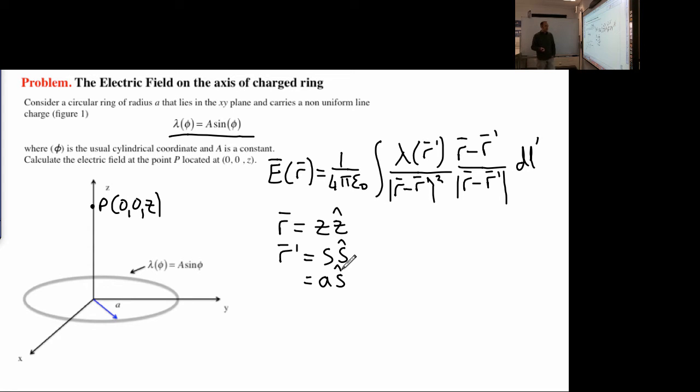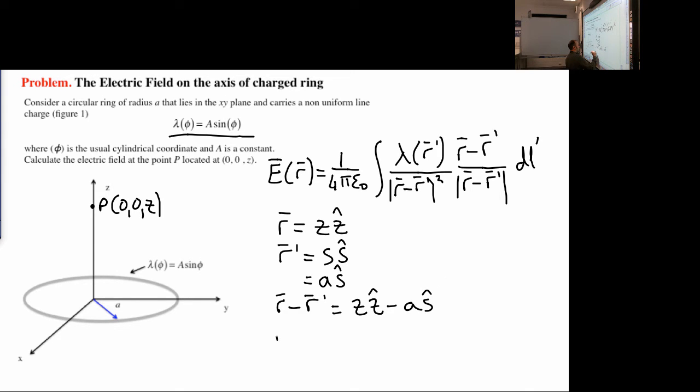Okay, so now we can basically write down the rest of the equations. We can write down our separation vector now, which is R minus R prime, given by Z hat minus A S hat.